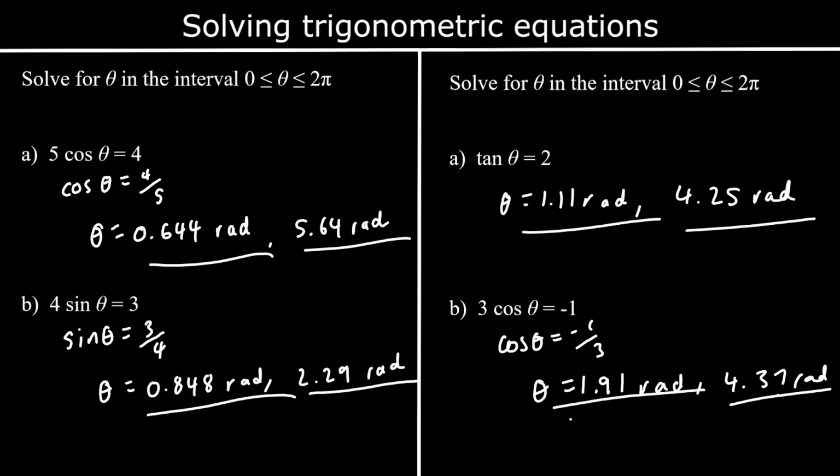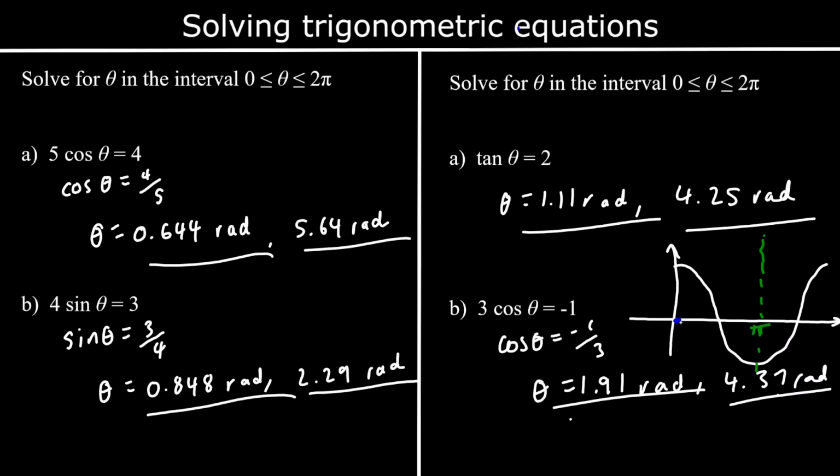I'll quickly say the reason why that works. So we've got the cos graph, which in the first 2 pi radians is shaped like this. And we can see it's symmetrical about this line here, which was 180 degrees in degrees, but that is pi radians.